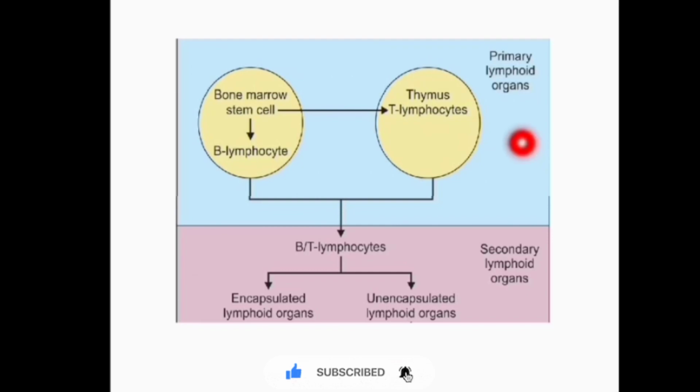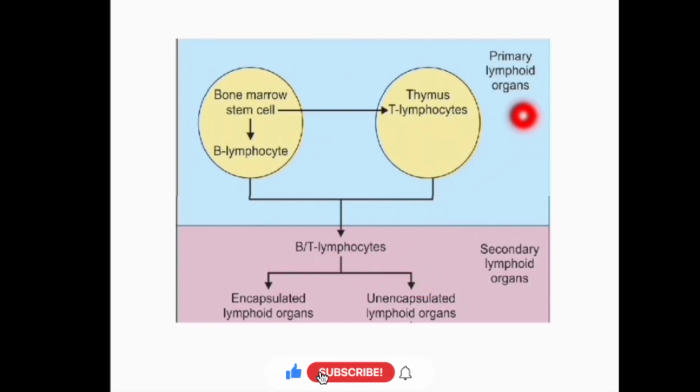Here, first, the primary lymphoid organs are bone marrow and thymus. The bone marrow stem cells further produce B lymphocytes and thymus cells produce T lymphocytes. The B and T lymphocytes further enter into the encapsulated lymphoid organs and unencapsulated lymphoid organs.